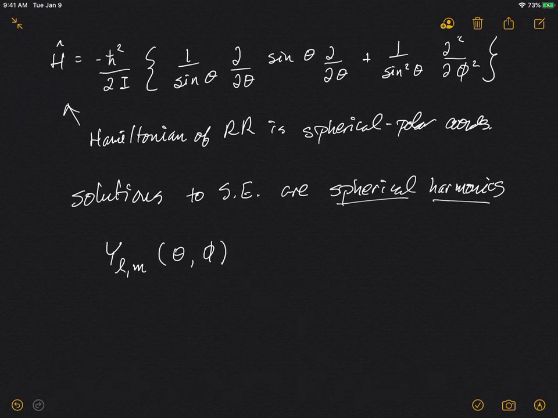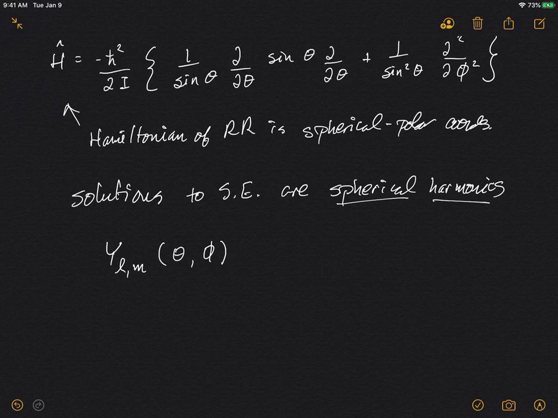Now they're often written with the L in the superscript of the Y and the M in the subscript, but I find that confusing because sometimes we have to square the YLMs, and so there's an ambiguity there, so I'd rather just keep them both in the subscript where they're not confused for squaring the wave function.